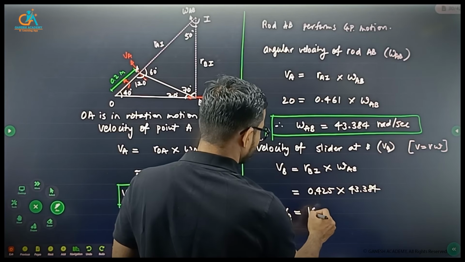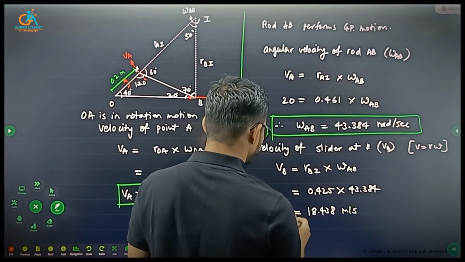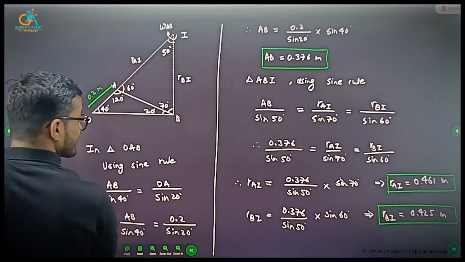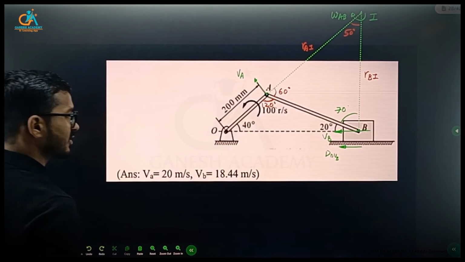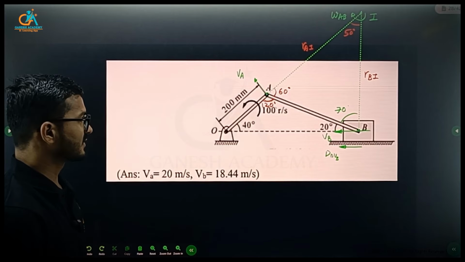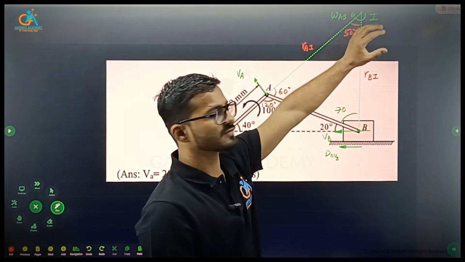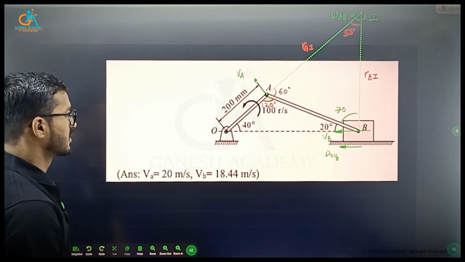So 18.438 meter per second, and the answer given in your book is 18.44, so correct, right? So just look, we have to find the location of this instantaneous center of rotation, right?